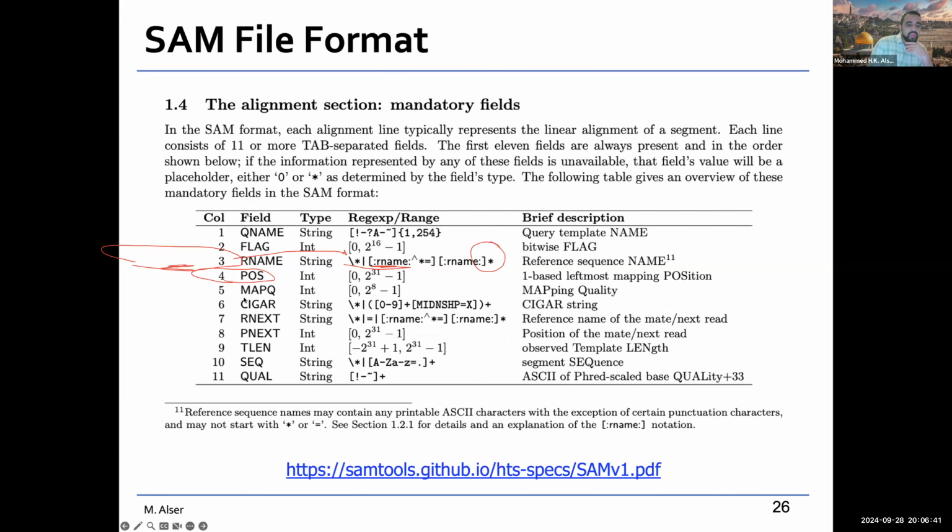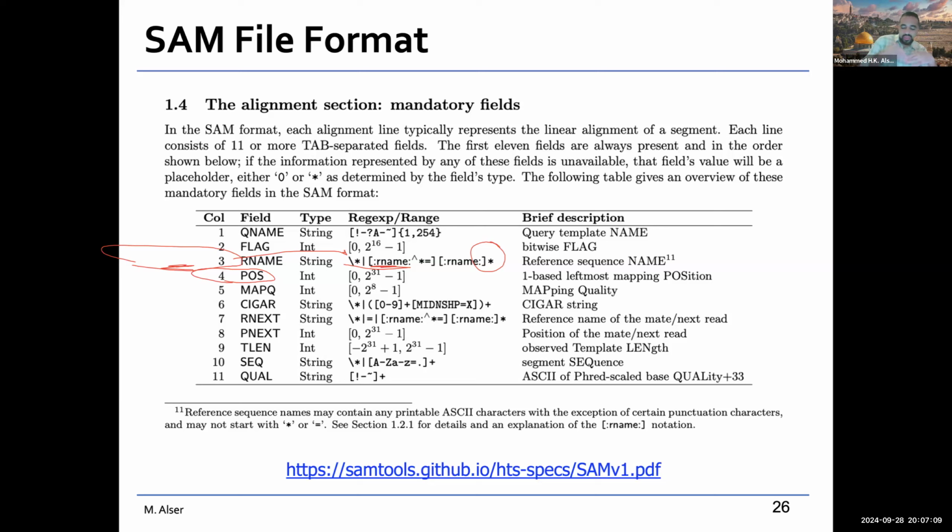Okay. And then the fifth column we have is the mapping quality. What does that mean? It means how many matches we have between the read and the reference genome, and not only the number of matches, but also whether we have another mapping location in the reference genome that is similar to what we have now.